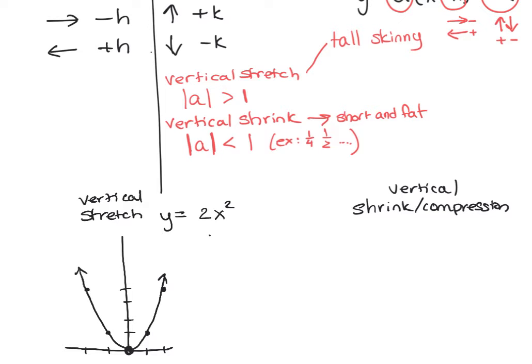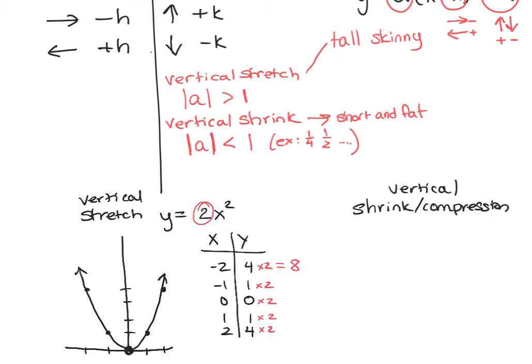Okay? So normally it would have been (0, 0), (1, 1), (2, 4). But I just did a vertical stretch, which means I took all my y values and doubled them. So now I'm going to have a dot at (-2, 8), and at (-1, 2).